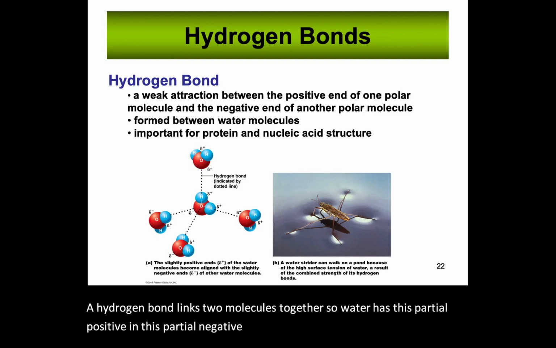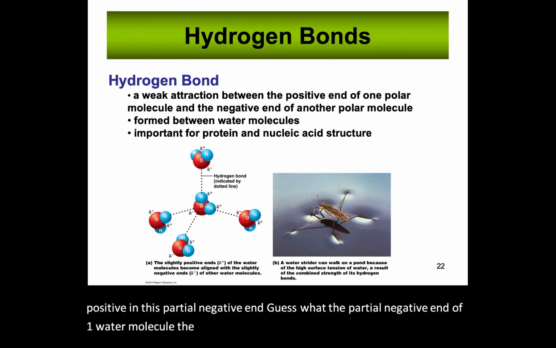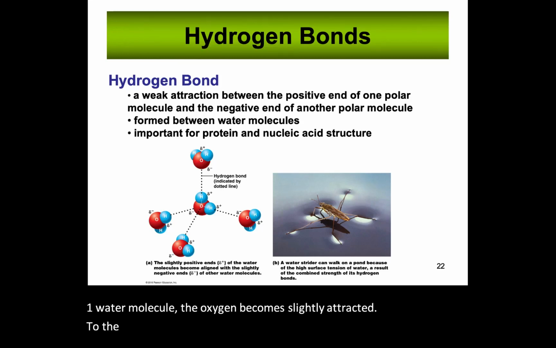Guess what? The partial negative end of one water molecule, the oxygen, becomes slightly attracted to the partial positive end of another water molecule, the hydrogen, because opposites attract.